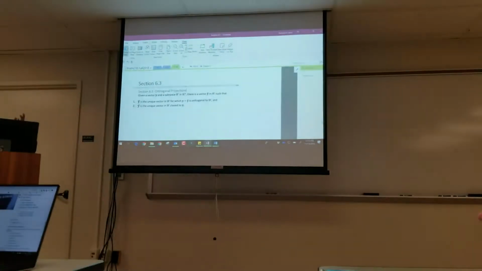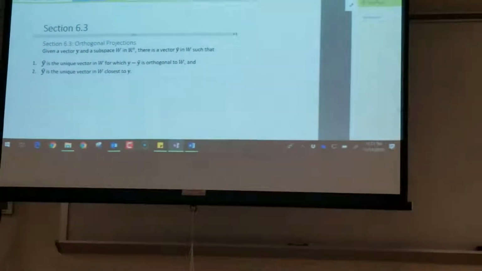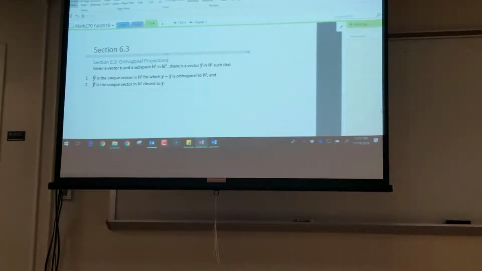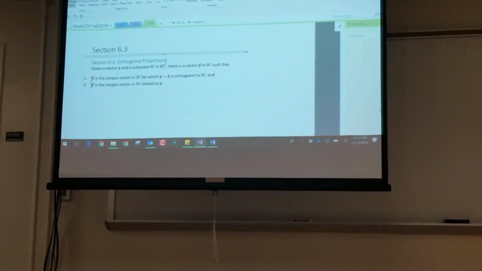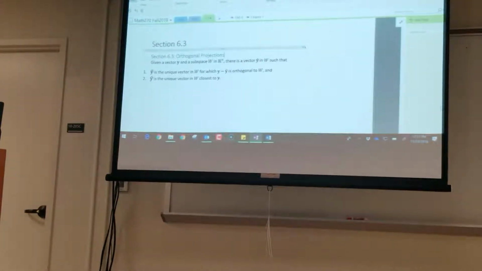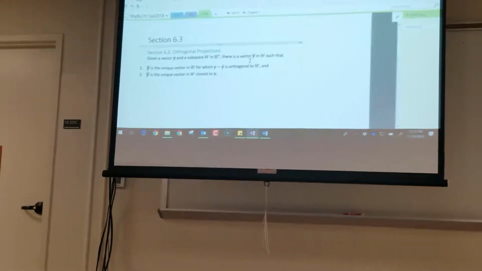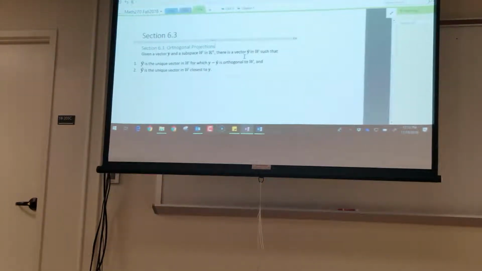This idea of projection, and try to get acquainted with the notation, the variables and things like that that they use. So it says here, given a vector y in a subspace W of R^n, there's a vector y hat in W such that one, y hat is a unique vector for which y minus y hat is orthogonal to W, whatever that means.